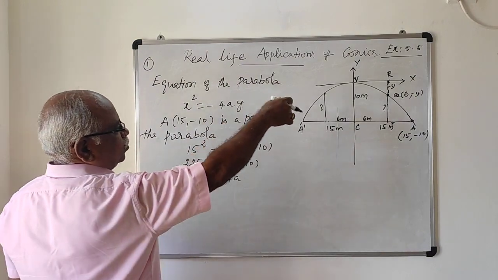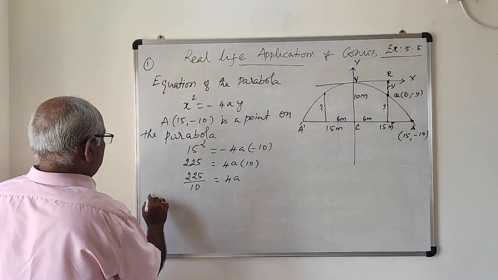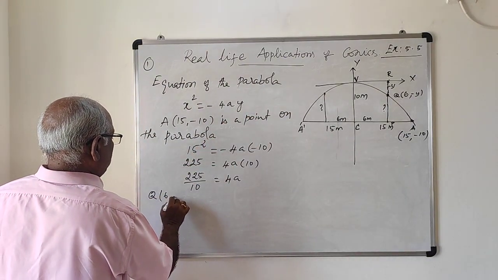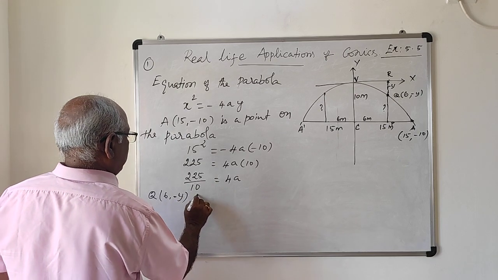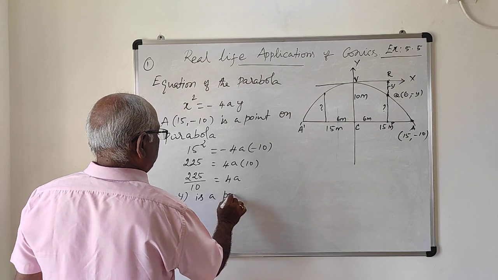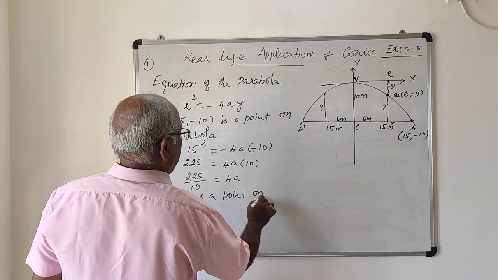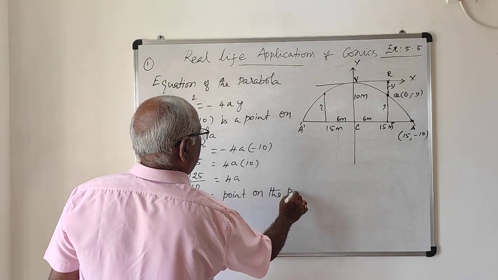Q 6 comma minus y is a point on the parabola.